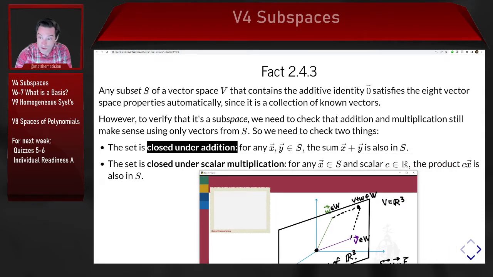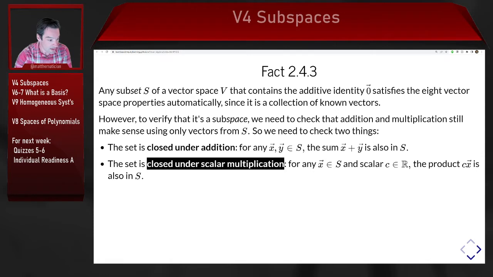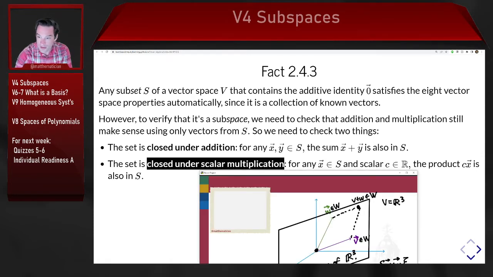And the second is closure under scalar multiplication. If you give me any element of the set and also a scalar, so also just a plain old number, c, then the product c times x, so the scalar multiple, belongs to my set as well. So, let's say I take the number c equals -1/2, or something like that.